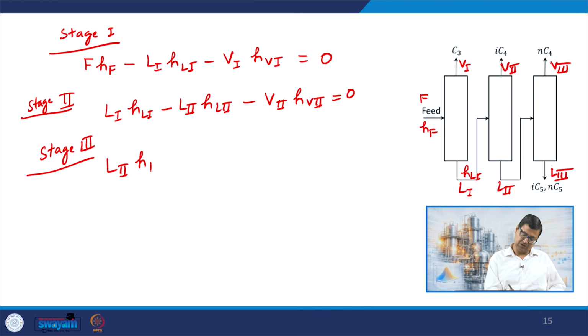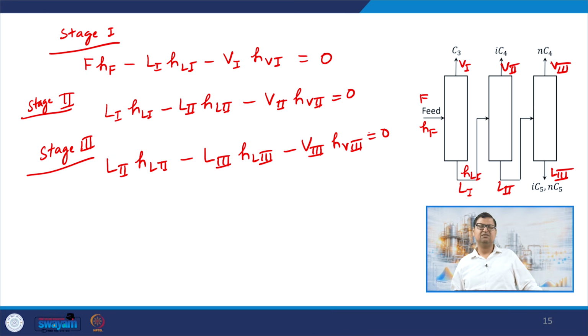So we have L2 HL2 minus L3 HL3 minus V3 HV3 is equal to 0. So in this way we can basically formulate the mesh equations for the stage, MESH equation, and they pretty much become the equations that we have to solve, right?